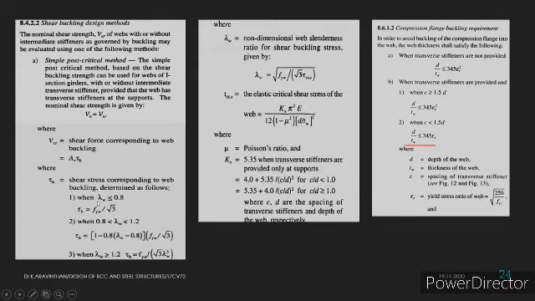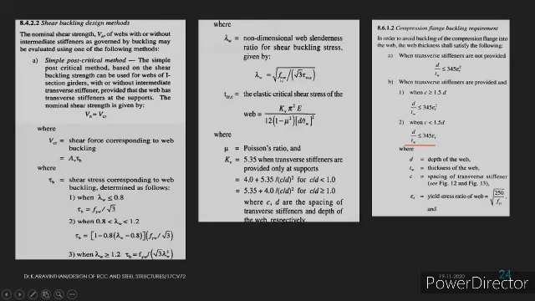Now we need a constant, that is lambda of web. This is an independent constant, lambda w. You have to find lambda w. Okay, how to find this lambda w? You have a formula with Fyw, that is web yield strength.